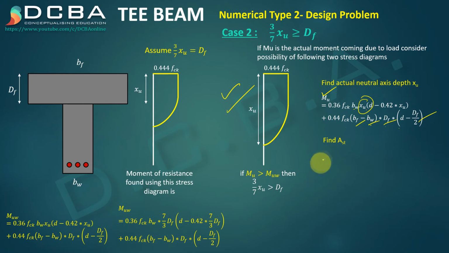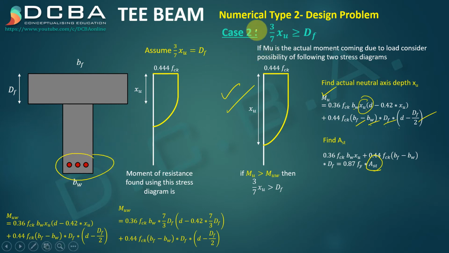And then to find AST, I can equate the compression force to the tension force for this particular case, that is 3 by 7 XU greater than DF, and I can find the AST. So we found the steel for case 2.